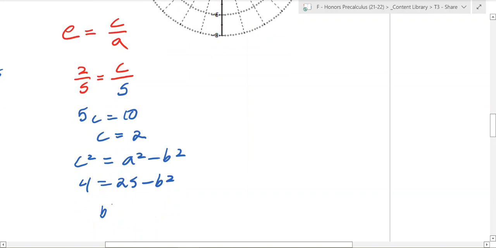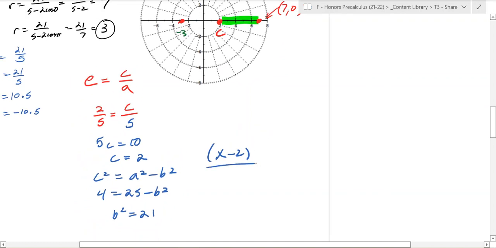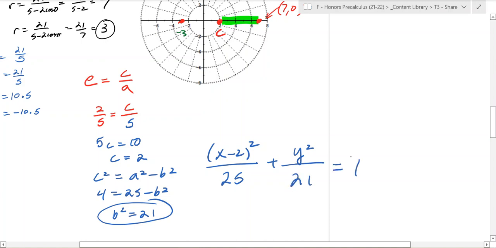So that tells us that b squared is going to equal 21. So now we have the center there, x minus 2 squared over 5 squared, so it's 25, and then it's b squared, which you already know is 21. So b is square root of 21, but when we write this out, we can just say that. So it's y squared, because it's on the x-axis, over 21 is equal to 1.